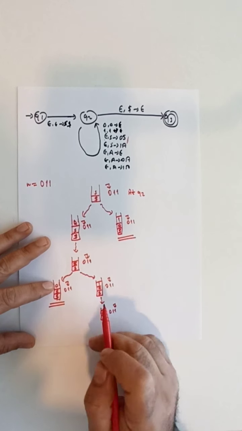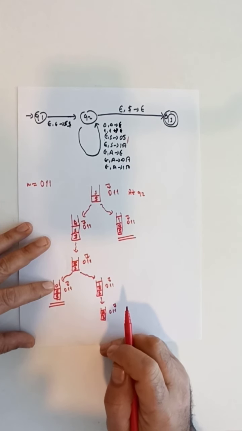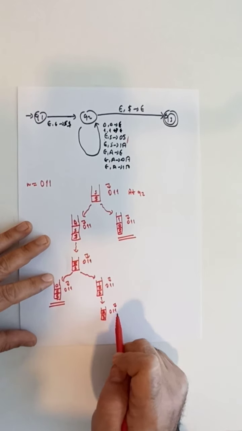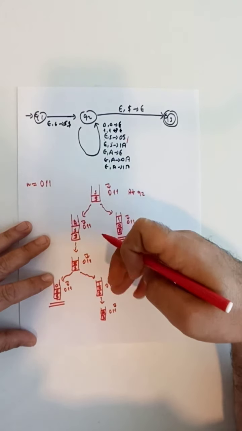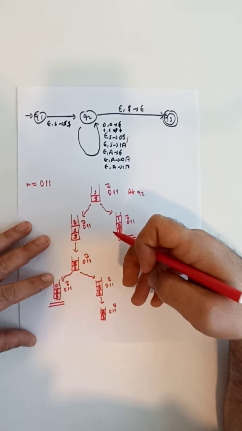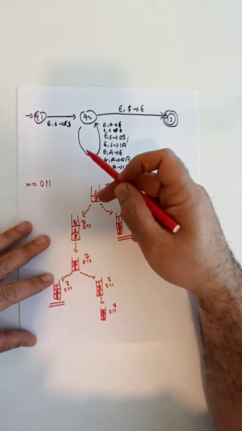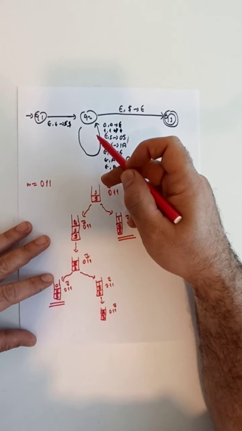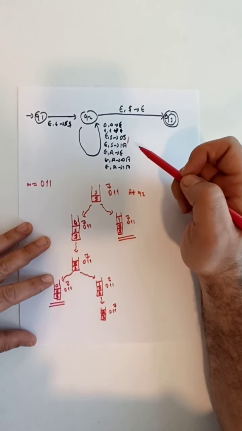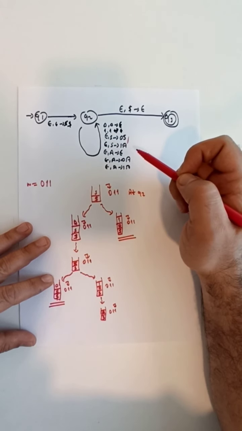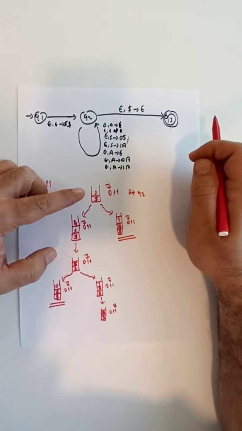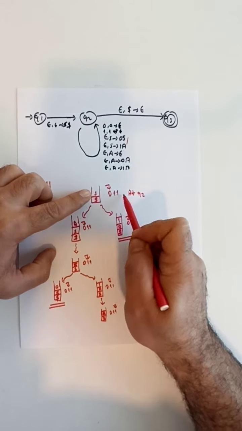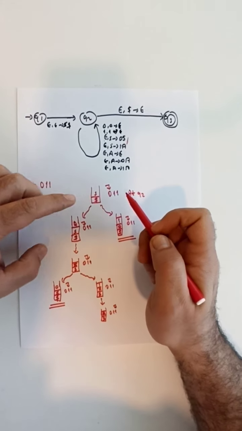I'm not going to show the rest of the computation tree, but you can see that as we go along this computation tree, the transitions that we commit at this looping state Q2 are actually doing the derivation of our grammar. So we start with S, and then this is the target string that we want to generate.